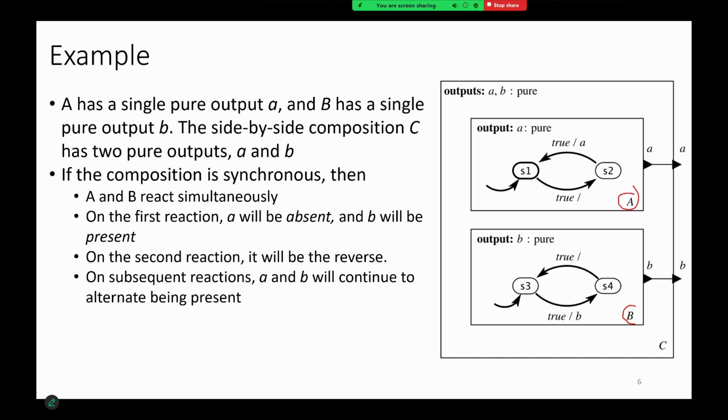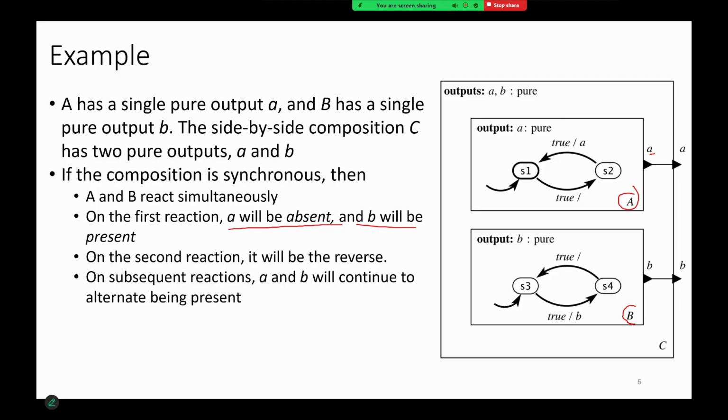What's the shape of the output? Exactly. Here, don't confuse the output A with the component A. The components A and B are happening together. However, the outputs A and B will be such that one is absent and the other is present.